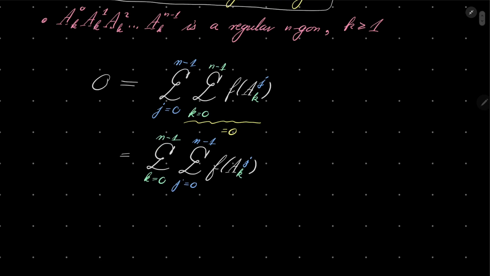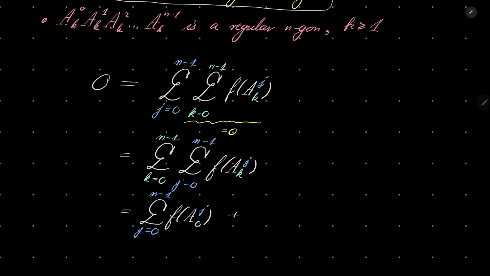And now I wish to split my sum. First sum will be with k equals 0, so j goes from 0 to n minus 1 and k equals 0.